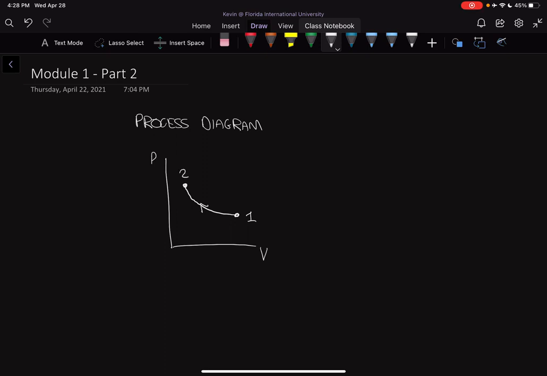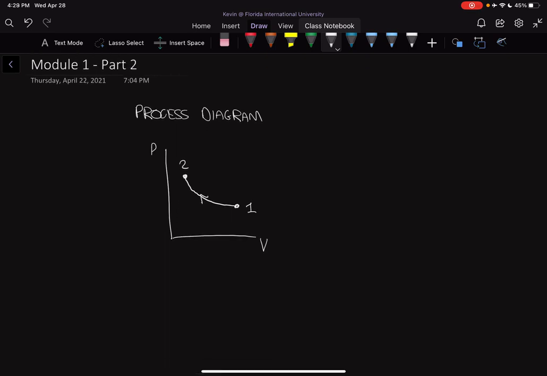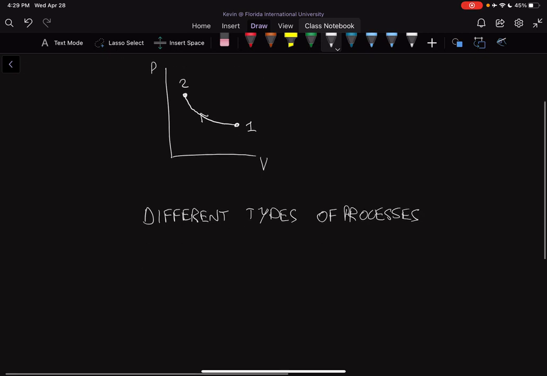So to continue from the discussion from part 1, we can actually define different types of processes. Some processes are going to be called iso processes.